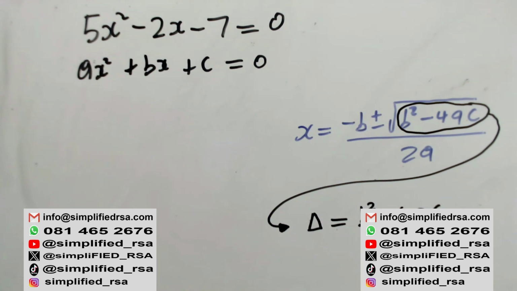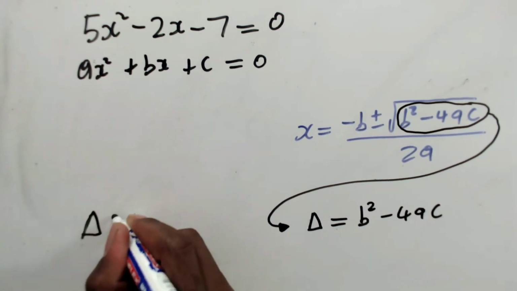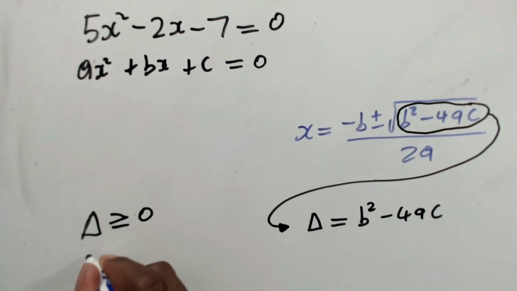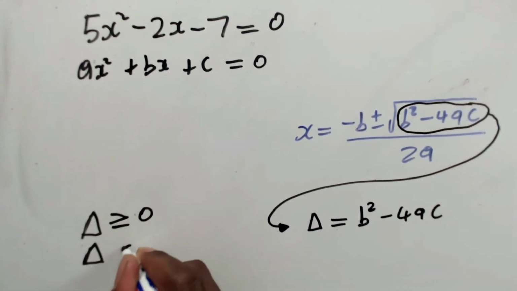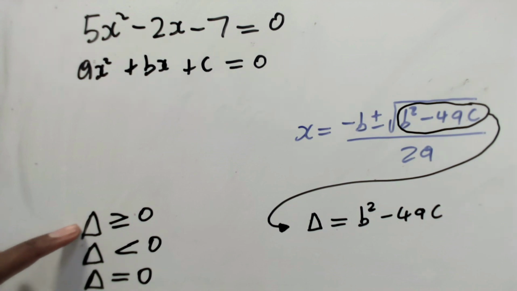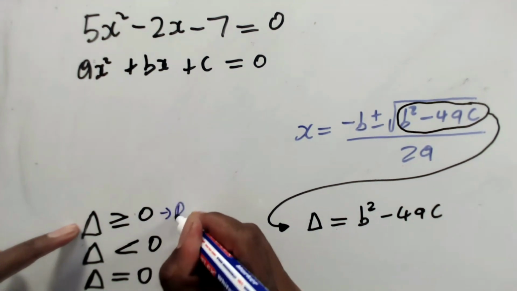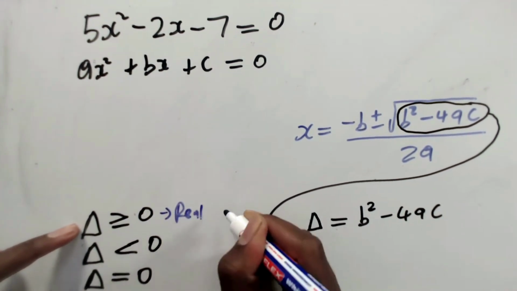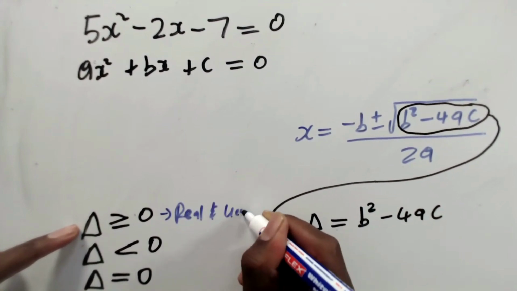While we're analyzing this part, we have to find out, is the value of delta greater than 0? Or is the value of delta less than 0? Or is the value of delta equals to 0? That's the first thing we want to know. Now, based on our analysis, if we get that delta is greater than 0, we always assume that the roots are real. We say we have real roots and they are unequal.